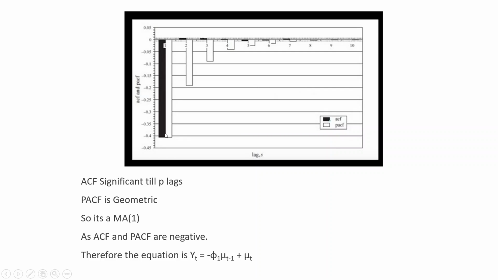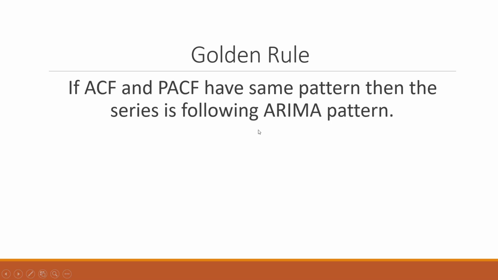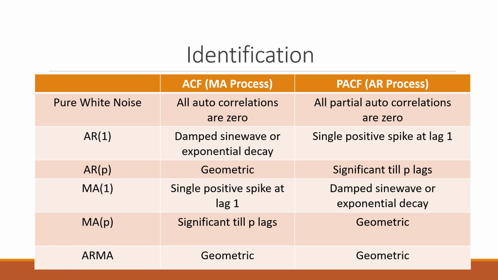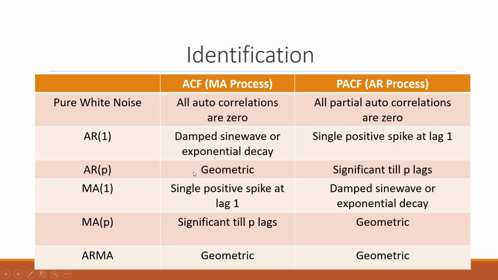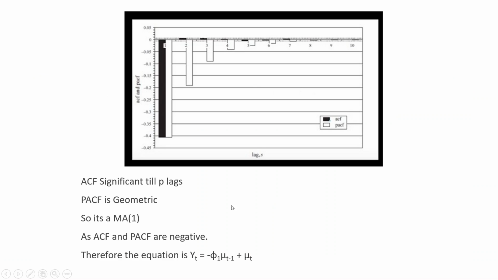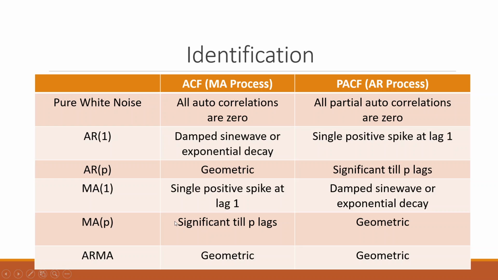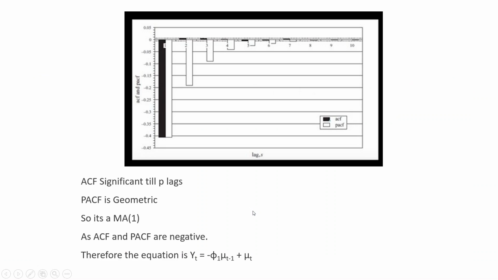We have a significant positive spike at ACF lag 1, and there is a geometry in PACF. So it's a clear-cut case of the MA1 process. Significant positive spike at lag 1, and there is a damped sine wave or exponential decay. Fine. Next.